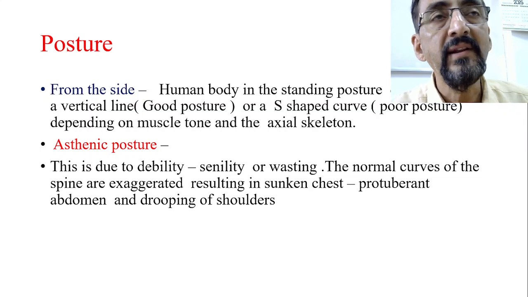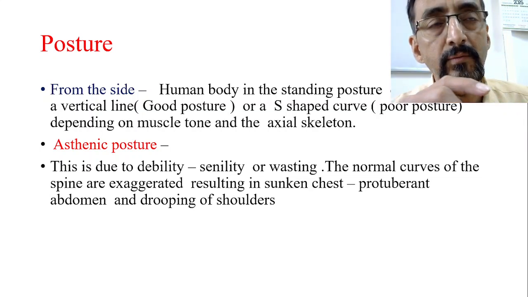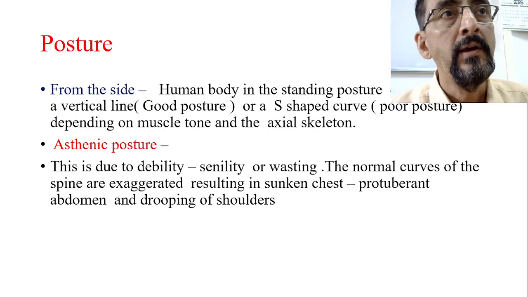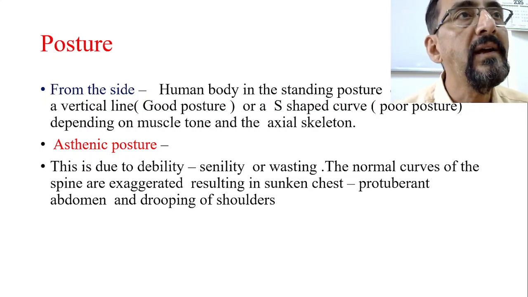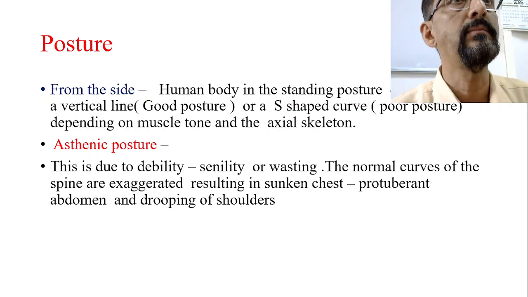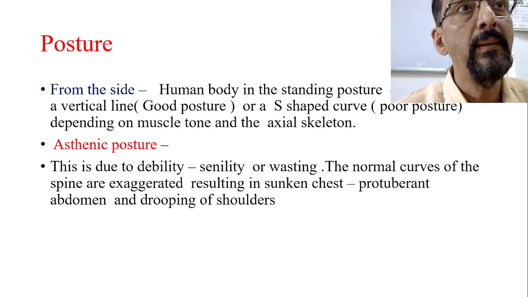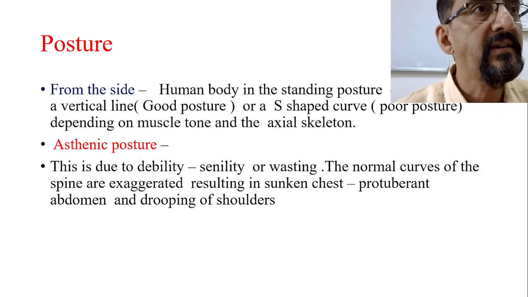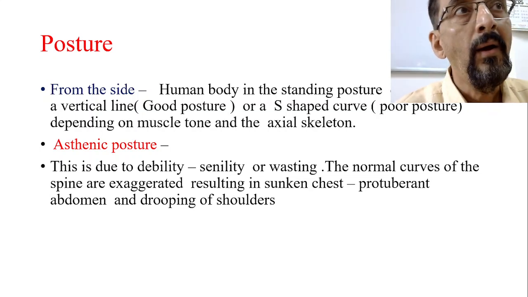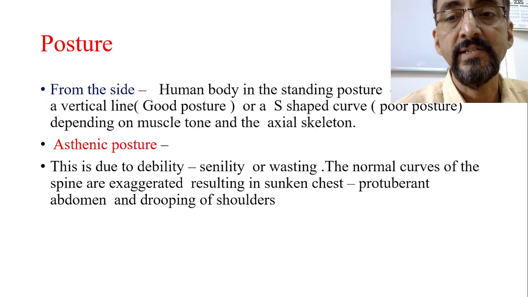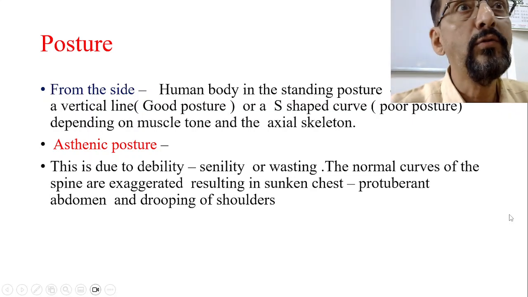Because of the exaggeration, that means improper formation of these curves, the chest portion will become shrunken like this, and because of this the abdominal portion gets protruded. This is usually seen in cases of wasting, debility, severe cachexia, or even in senile conditions. There is also drooping of the shoulders.